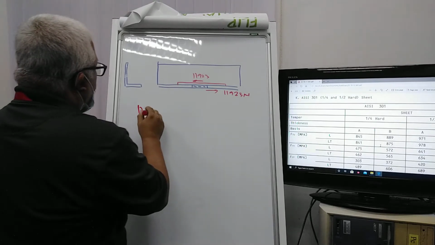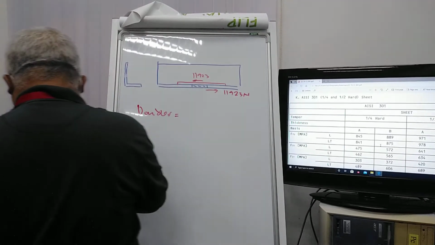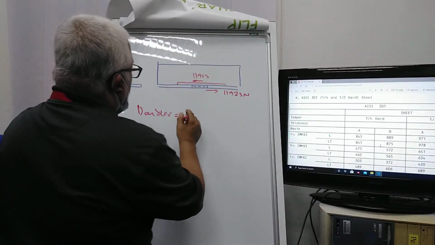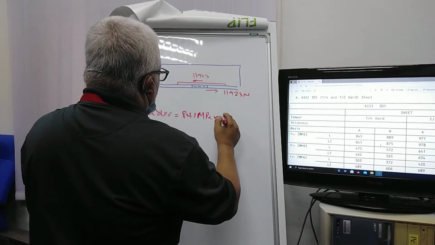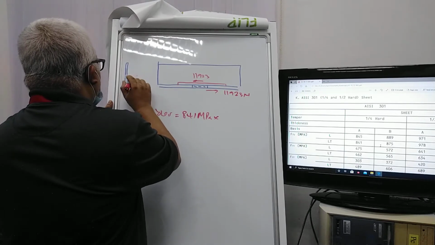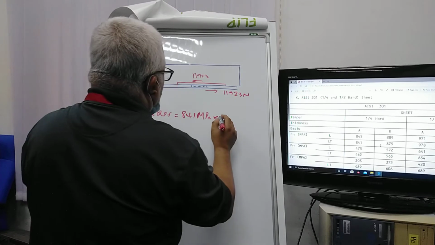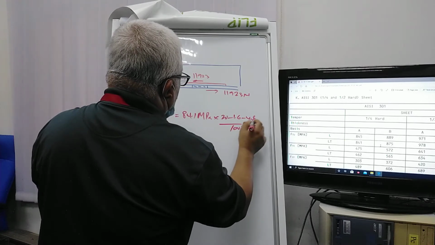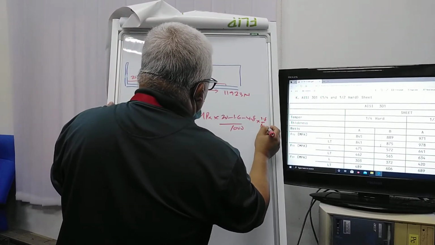So the doubler strength will be 841 ASI, 841 megapascal, times 20 minus 1.6 minus 4.8, divided by 1000, times the thickness, which is 1.8, so 1.8 over 1000.